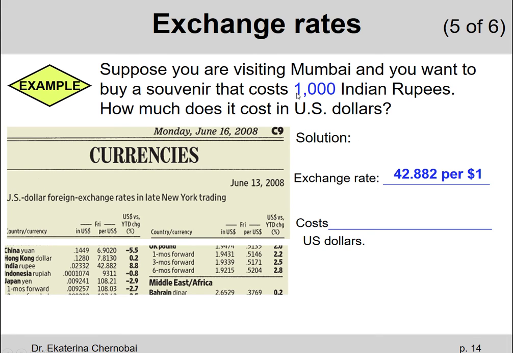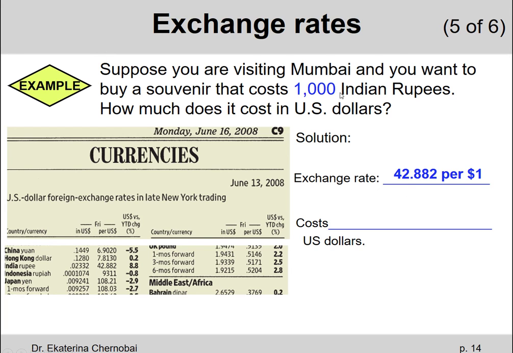Do we take 1,000 rupees and multiply by 42.82 like we did in the previous problem? Actually, no. Now we want to go back from the foreign currency amount to the US dollars, and everything becomes sort of reversed.